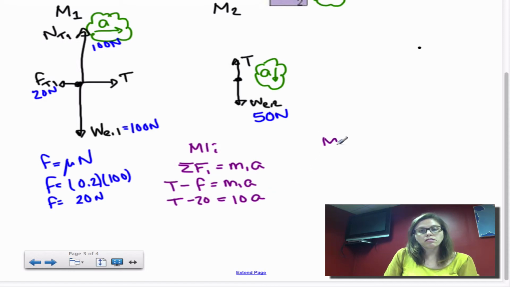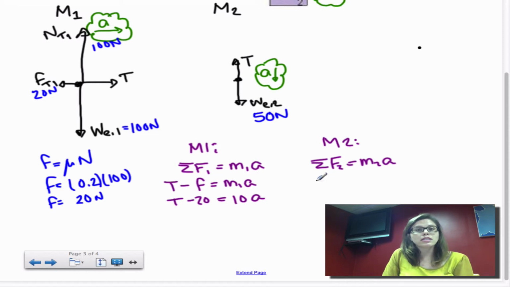Now we do the equation for mass 2. Sum of the forces for 2 is equal to m2a. So sum of the forces, since the acceleration is down, we do what's going down, which is the weight, minus what's going up, which is the tension, equals m2a.